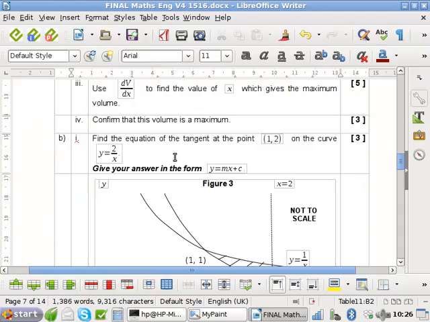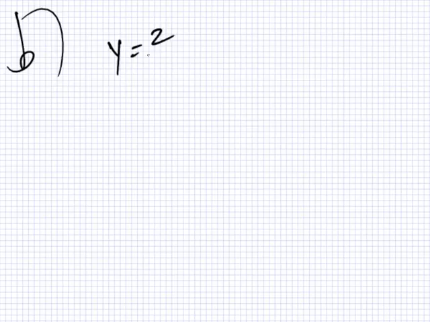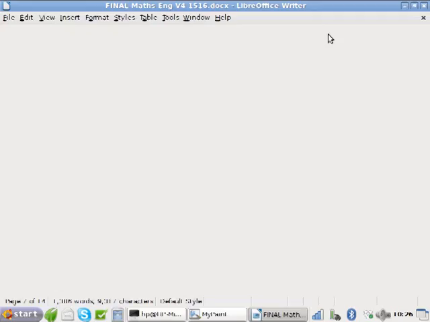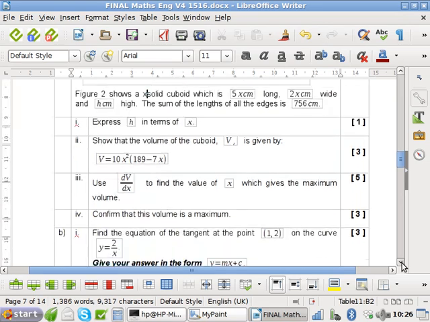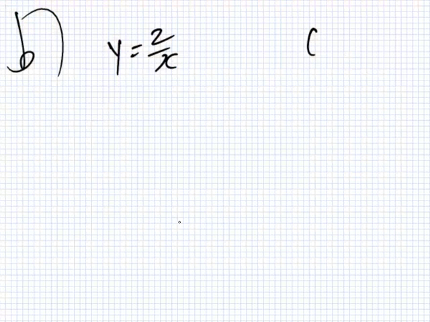Right. Y equals 2 over x. Get the tangent at 1, 2. Y equals 2 over x. They want the tangent at 1, 2.